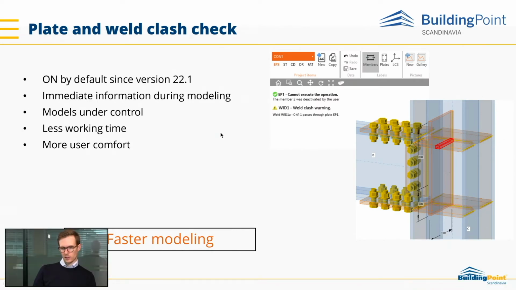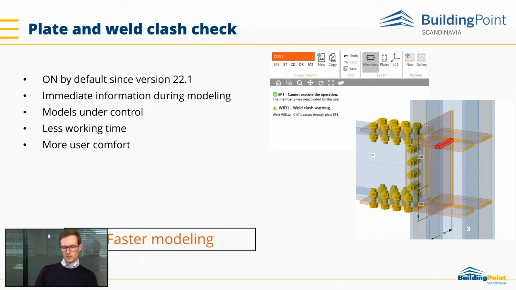Plate and weld clash check. Now we get a warning if there is a clash between plates or welds. So that makes the user experience much better. It's on by default since this update with 22.1.